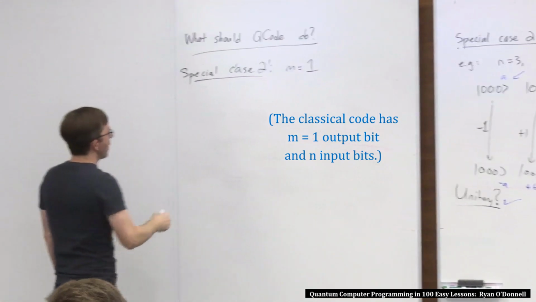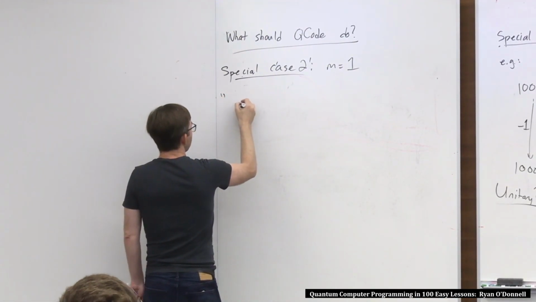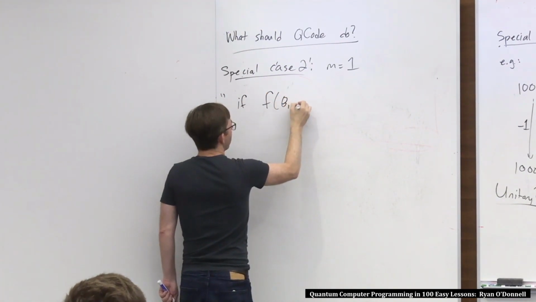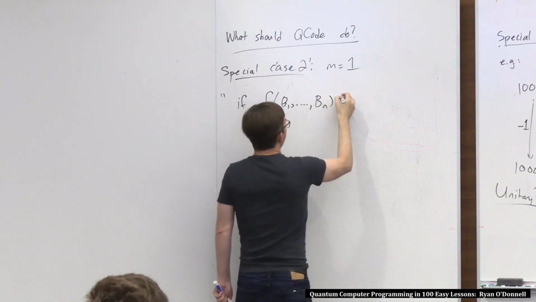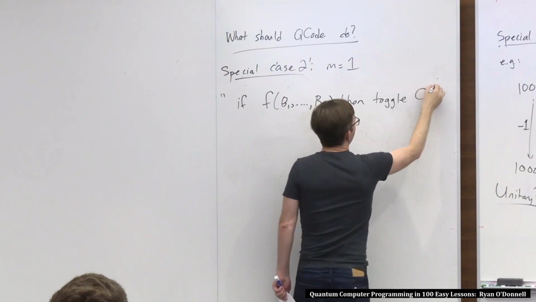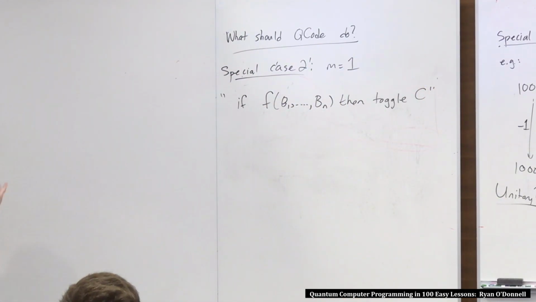And this system is: if f of b1 through bn, then toggle c. And I hope you know exactly what I mean by this.